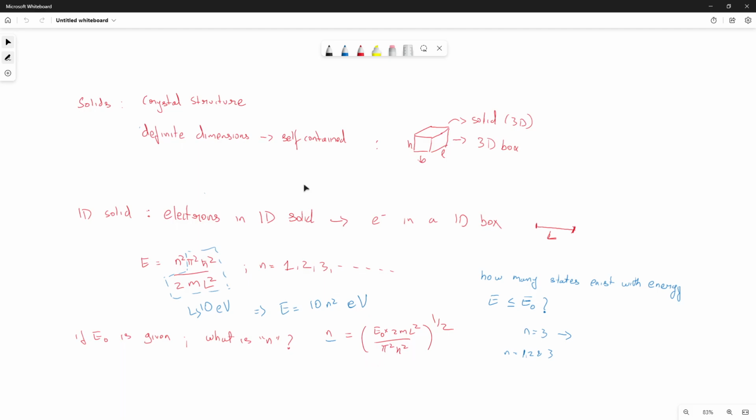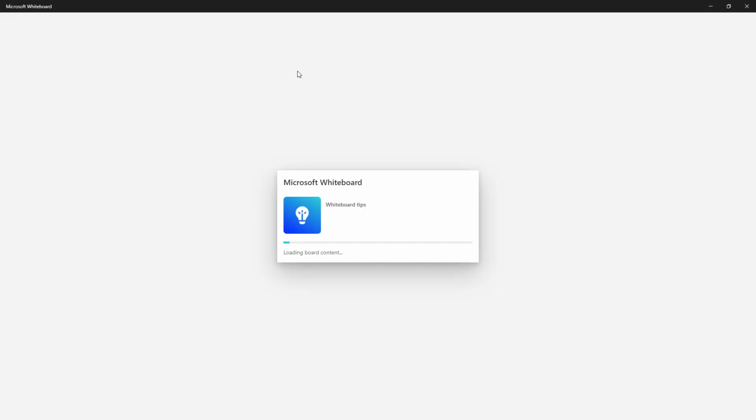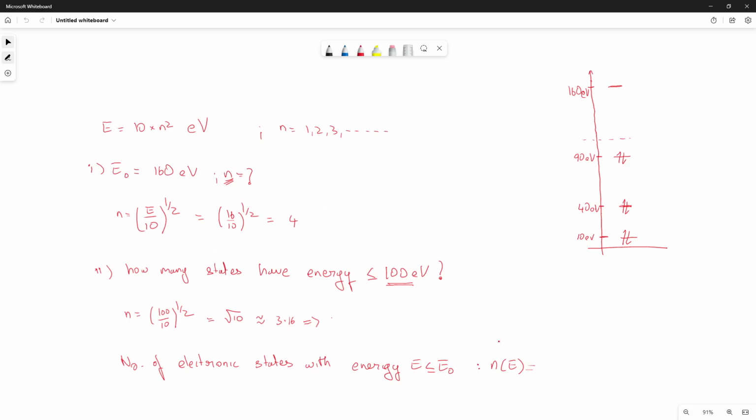But since we are looking at electrons, we will have twice that number. So N of E naught is equal to 2 into (E naught times 2mL squared divided by pi squared h bar squared) whole power half.